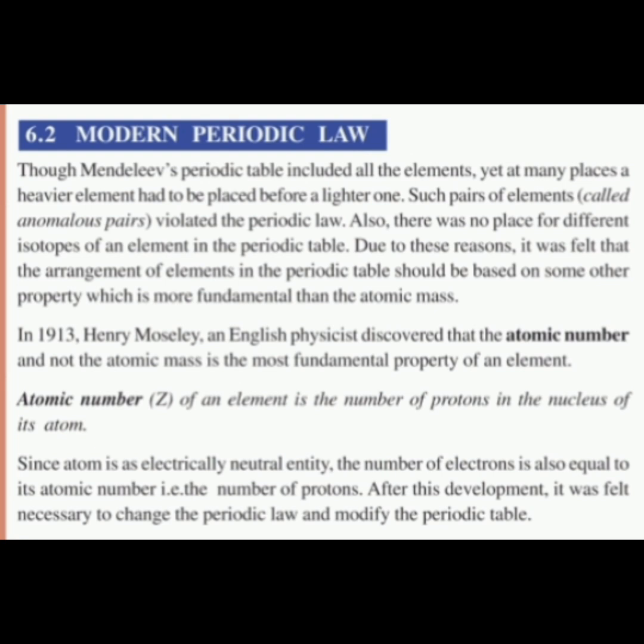This is one of the demerits, and such pairs were called anomalous pairs, which violated the periodic law.